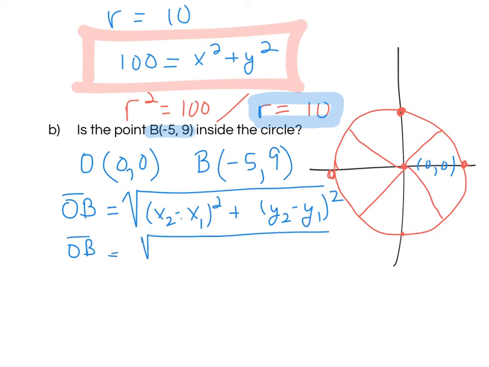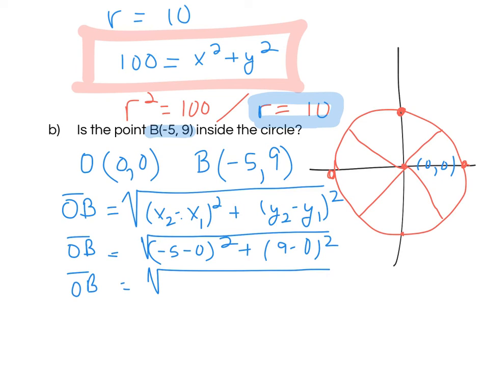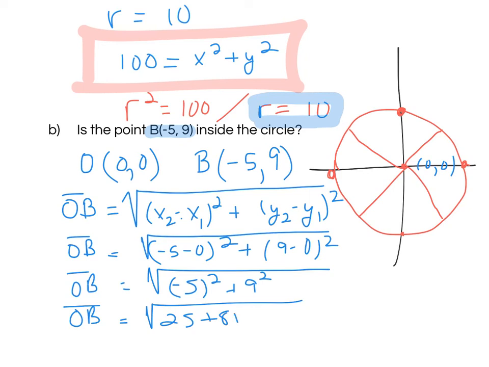So I'm going to go -5 minus 0 squared and 9 minus 0 squared. Cleaning all this work up. So -5 all squared plus 9 all squared. So I'm getting that OB is root 106.